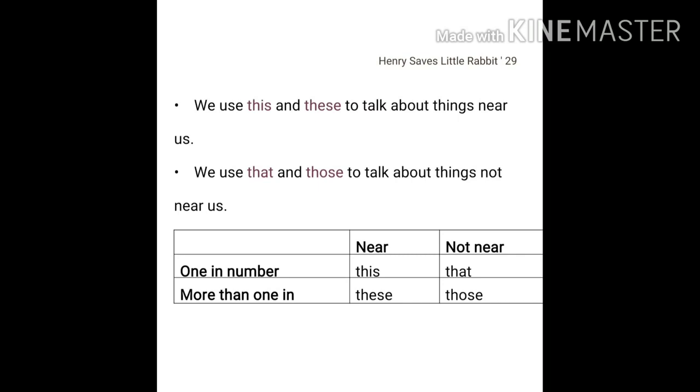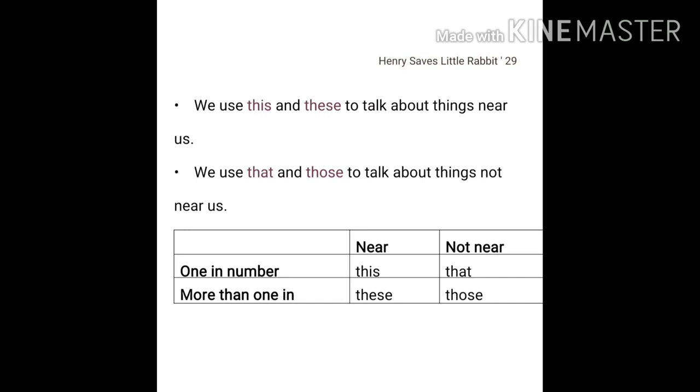First of all, we use this and that for singular thing or person. Singular means one. So, we use this and that for one person or one thing. But what is the difference between them?